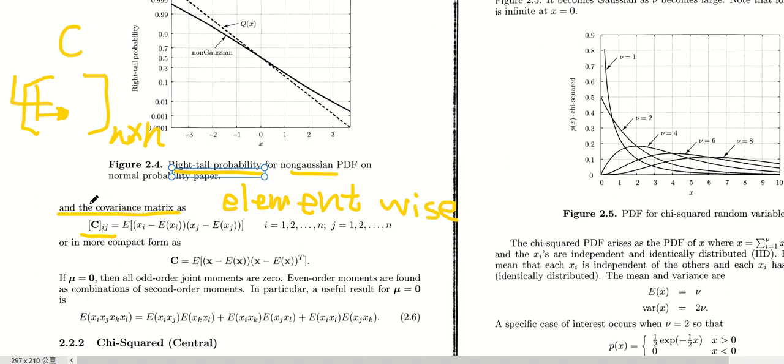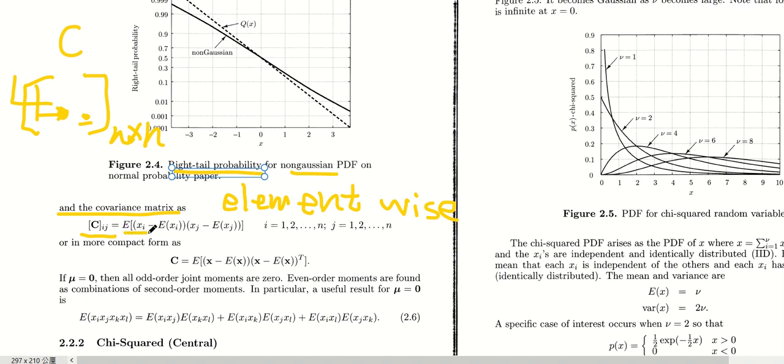Hopefully you know what the notation is doing. For example, if I say C2,3, what does it mean? You go from 1, 2, and then 1, 2, 3. That's 2,3. If I say 5,7, then that element. Okay, so Cij is the ij-th element inside the C matrix.